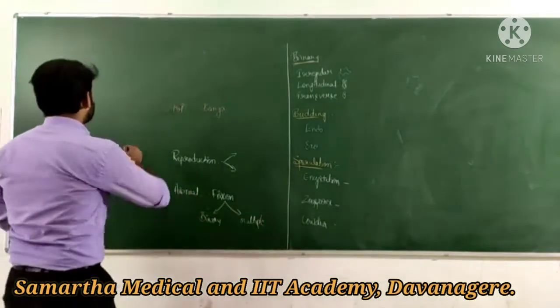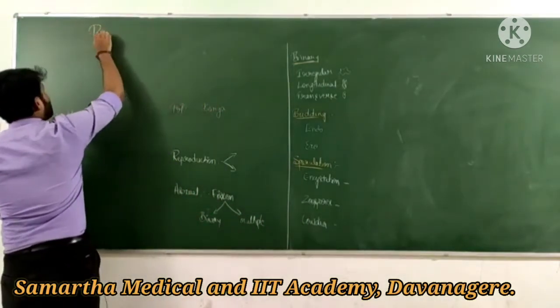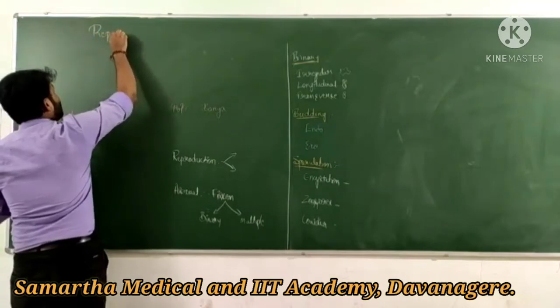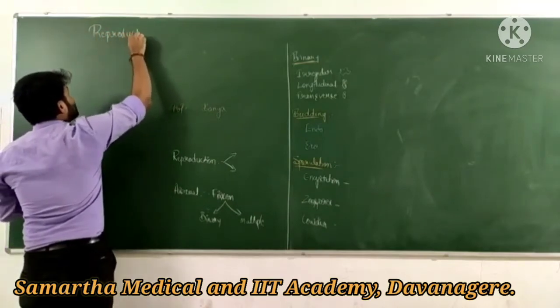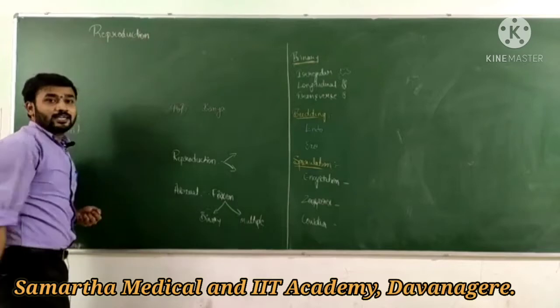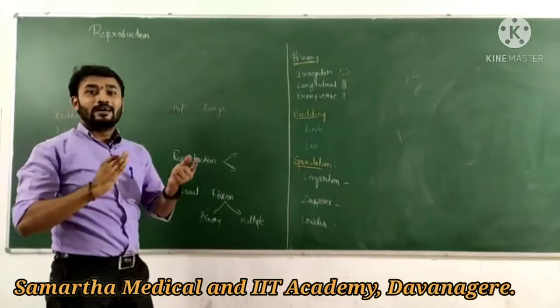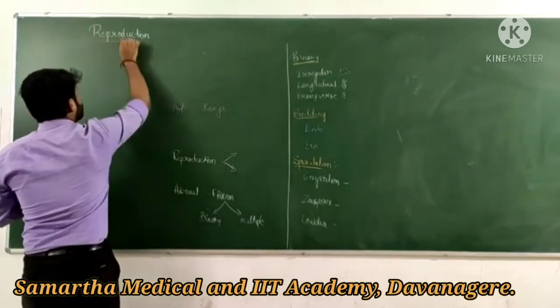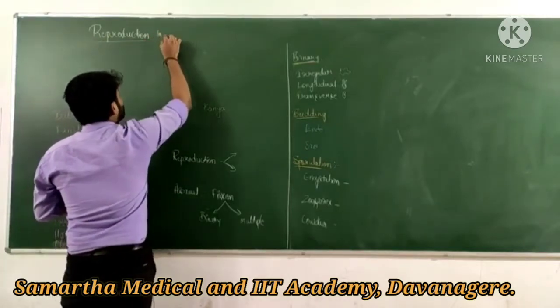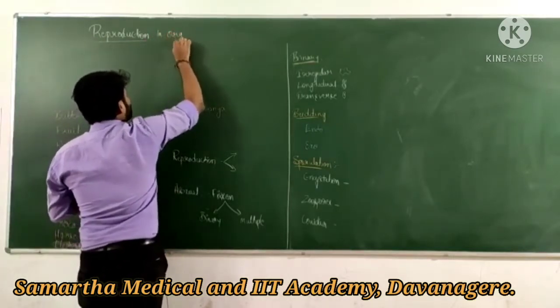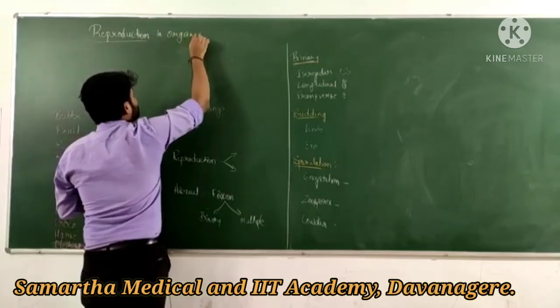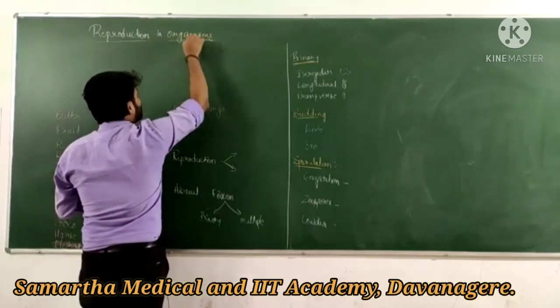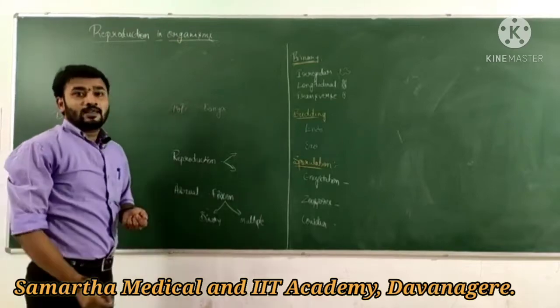As we studied in the first year chapter on the living world, reproduction is one of the main characters to differentiate between living and non-living. Here, reproduction is discussed based on the different types of organisms, and the different modes of reproduction will be studied.